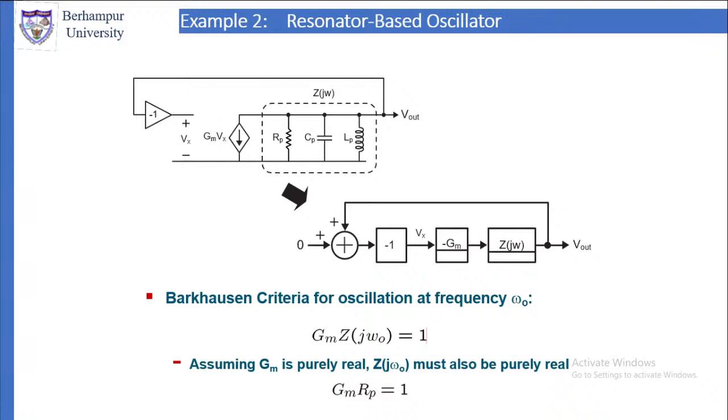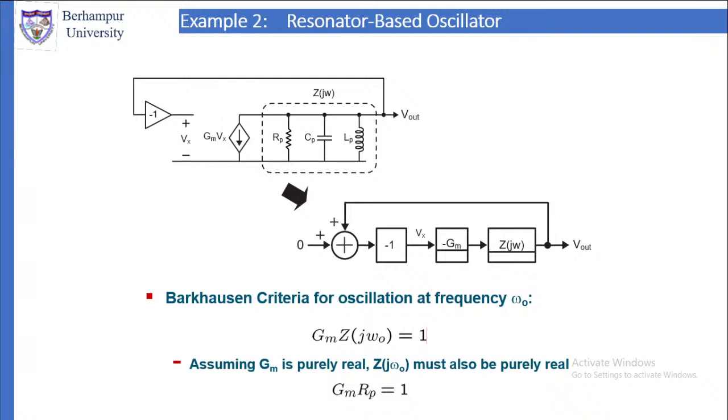Vx goes to Gm. After the Gm it goes to Z, which is the tank circuit. Then the output of the tank circuit comes back to the unit block through a feedback loop.